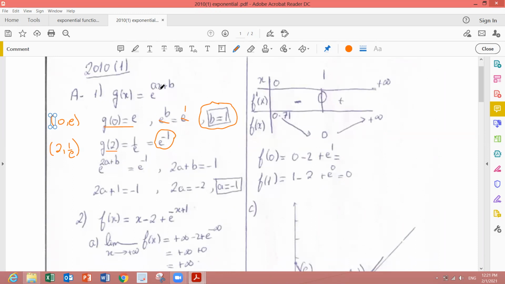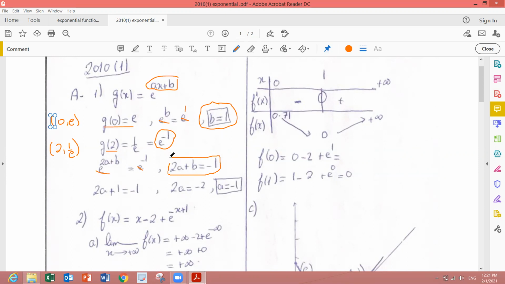G of 2, we replace x by 2 here. Let's see, e to the 2a plus b equals e to the minus 1. Removing e, then 2a plus b equals minus 1.